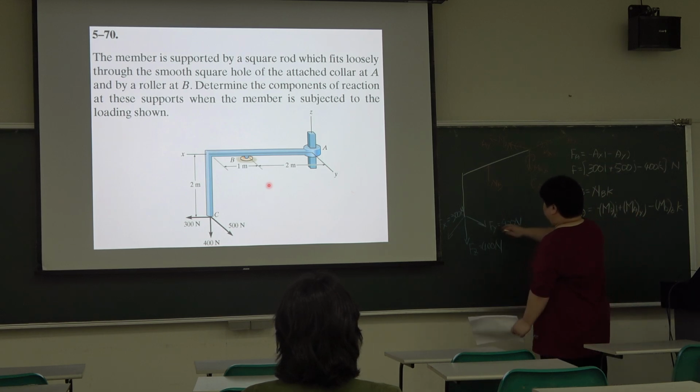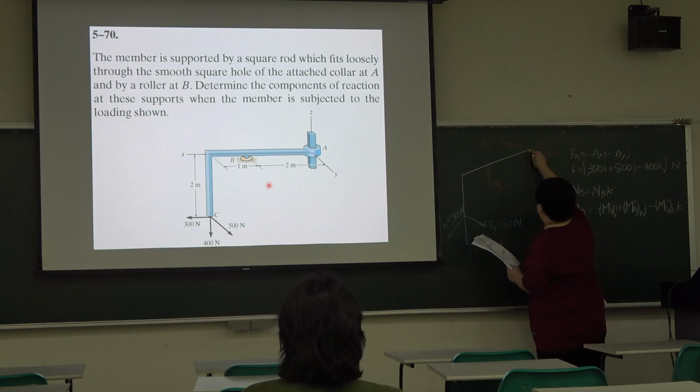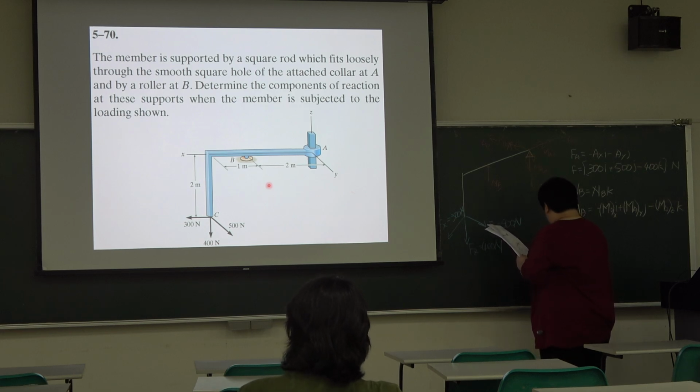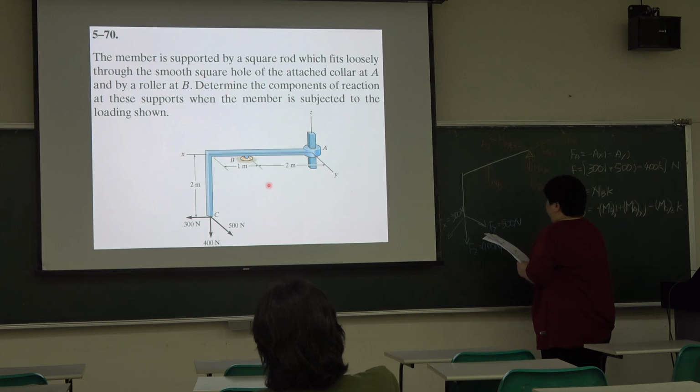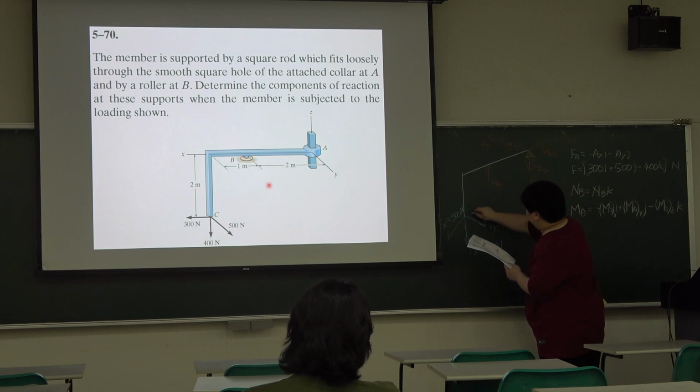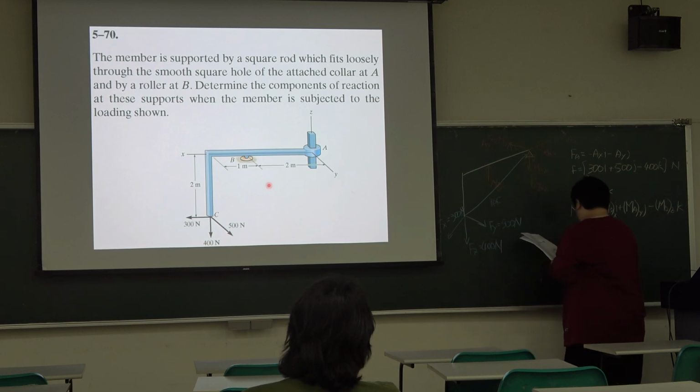Okay, and when we use these three forces, then we calculate the moment about this point A. We use the position vector from this point to this point, so we have a position vector rAC here.